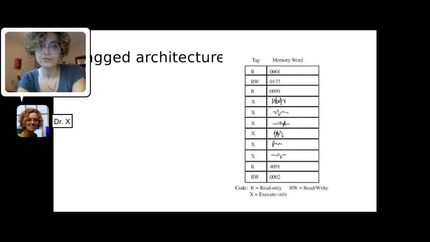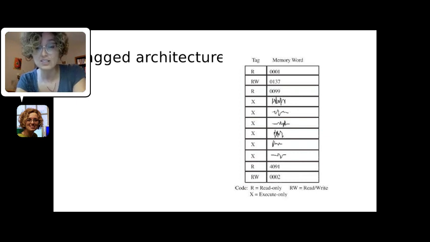Now, another way of protecting memory that is a little bit more flexible than base and bound registers, which are confined to a very continuous range and cannot operate in random parts of the memory, is the tagged architecture.